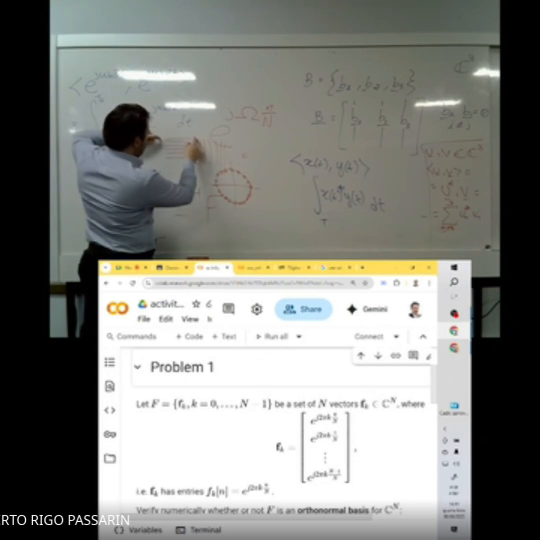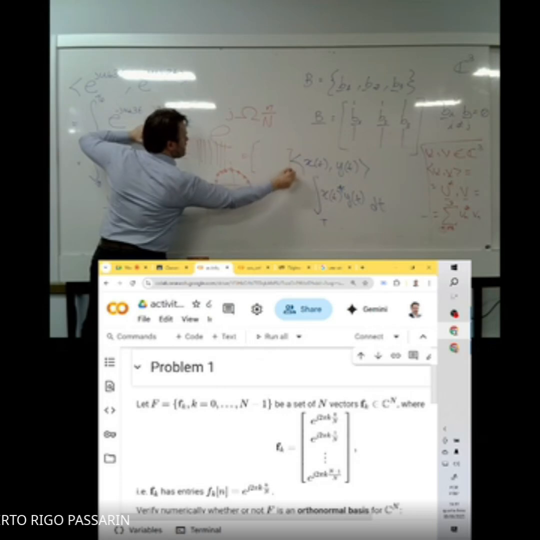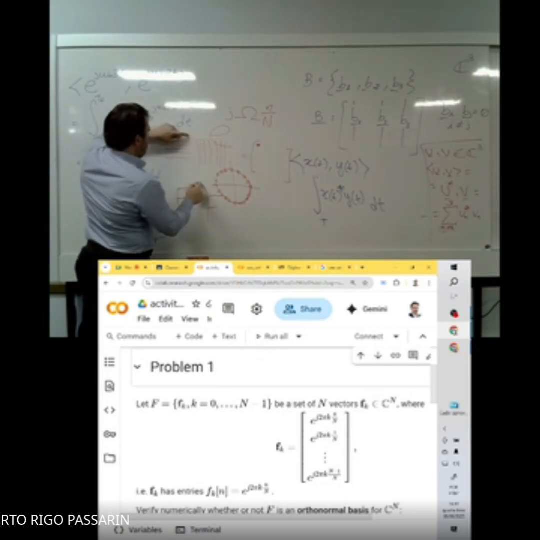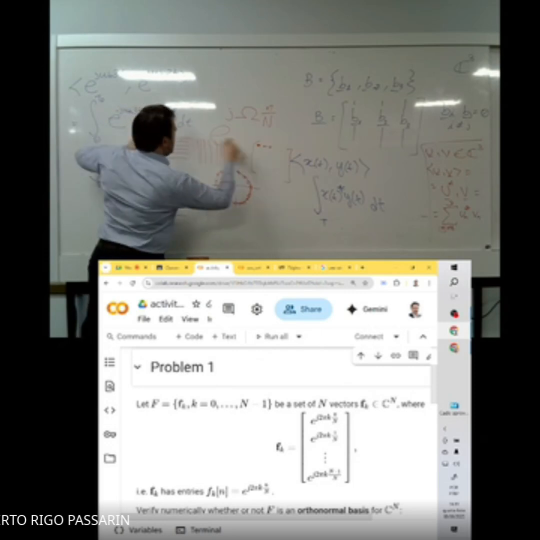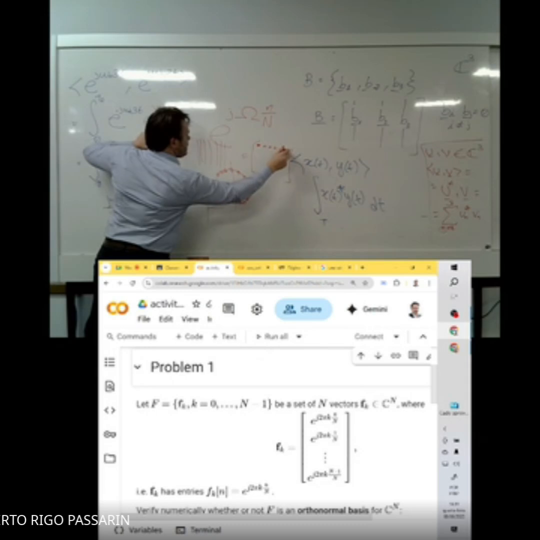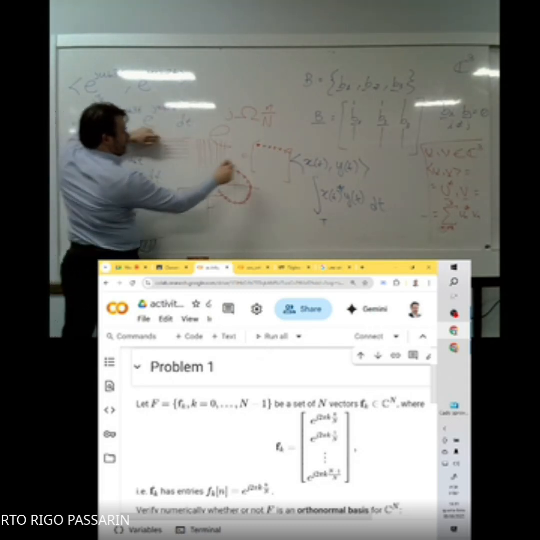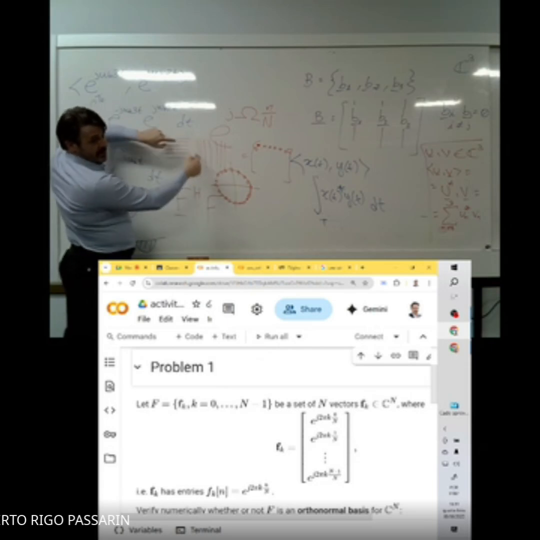So entry 0,0 should be something different from 0. Entry 0,1 should be 0. This should be 0, 0, 0, 0. Then this should be 0. This should be something not 0.